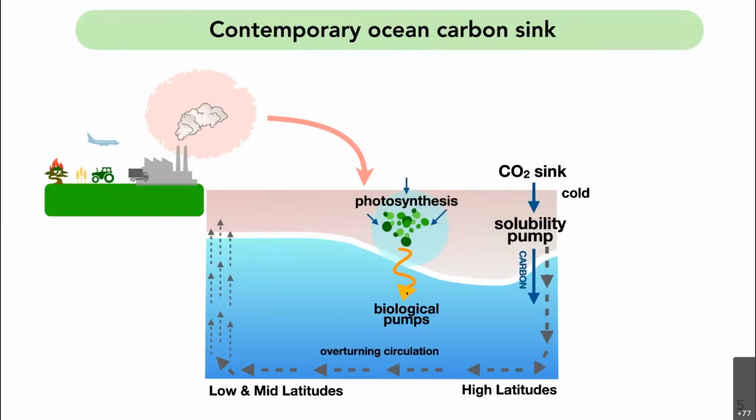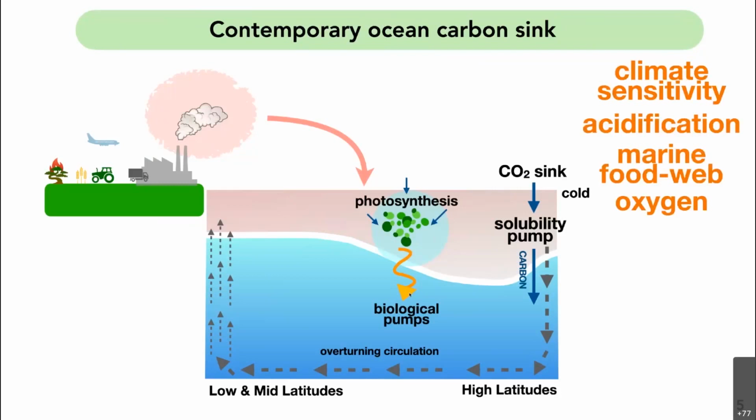And these mechanisms are important because they're also coupled to processes that we care quite a bit about, including the overall climate sensitivity. The partitioning of carbon between the atmosphere and the ocean is set by processes within the ocean that transport carbon. And then, of course, the pace of acidification is tied to the ocean carbon sink.